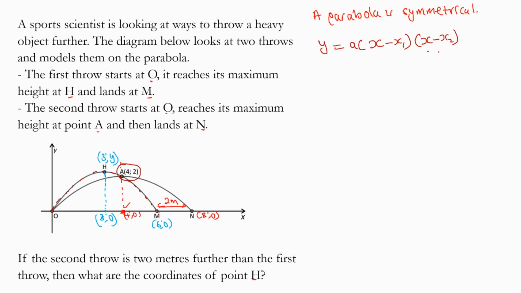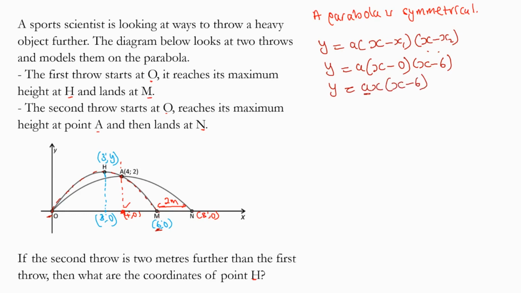We substitute the x-intercepts and then use a point on the graph. So we have y is equal to a(x minus 0)(x minus 6), so y is equal to ax(x minus 6).